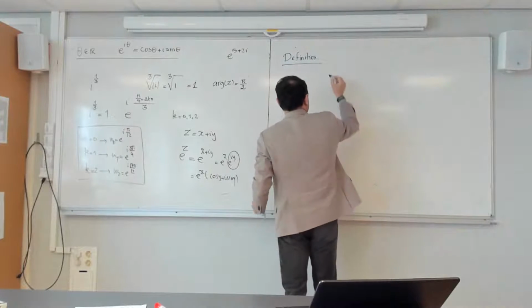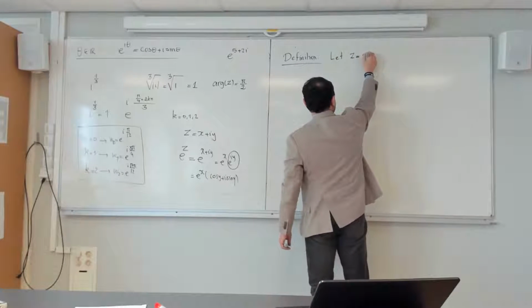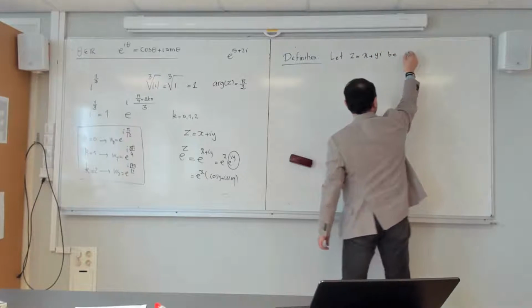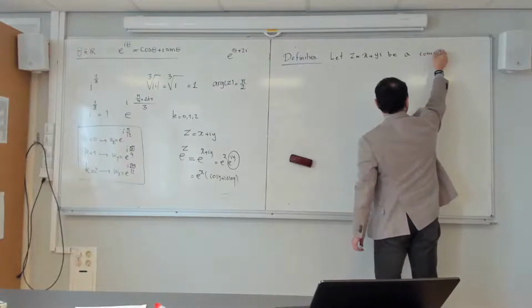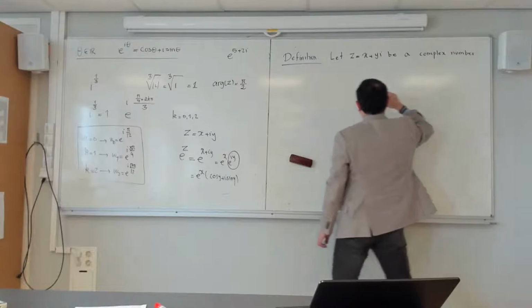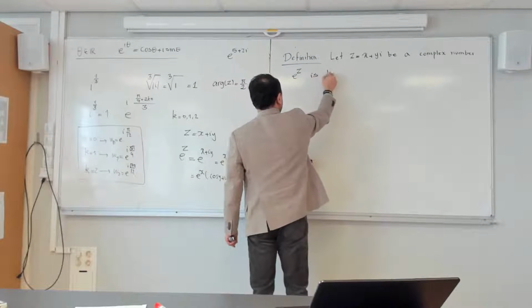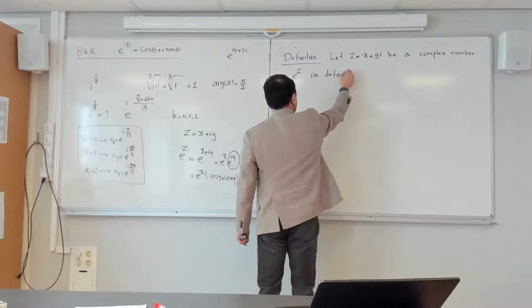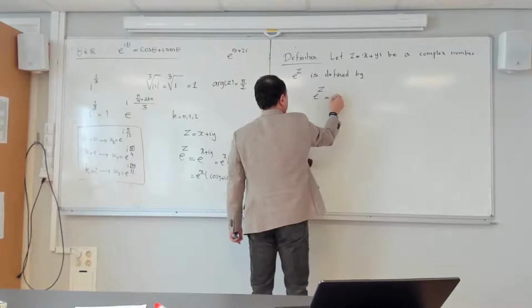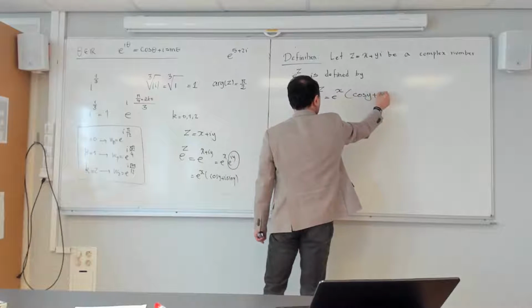So let z equal x plus yi be a complex number. Then e to power z is defined by this relation: e to power z is e to power x times cosine y plus i sine y.